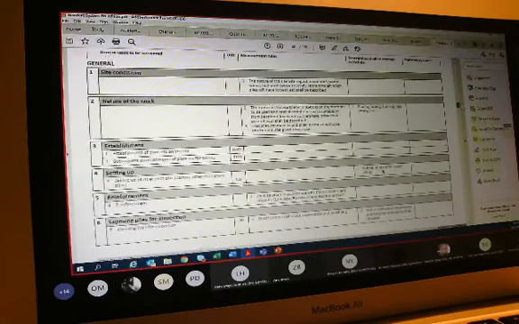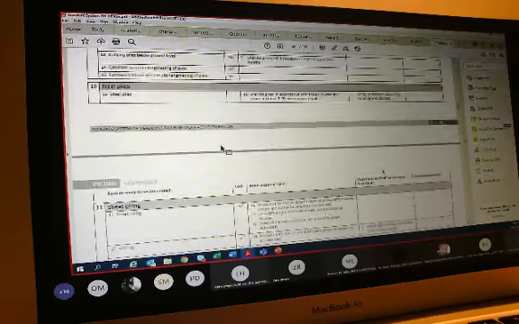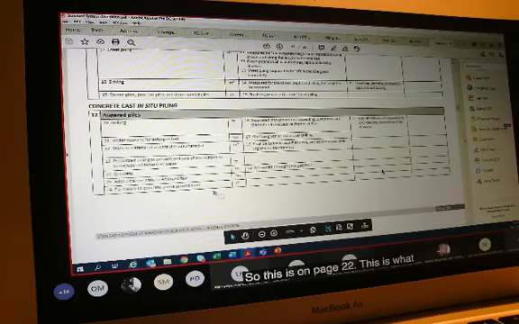Is my standard system shown here? Yebo. Yes, sir. Okay.